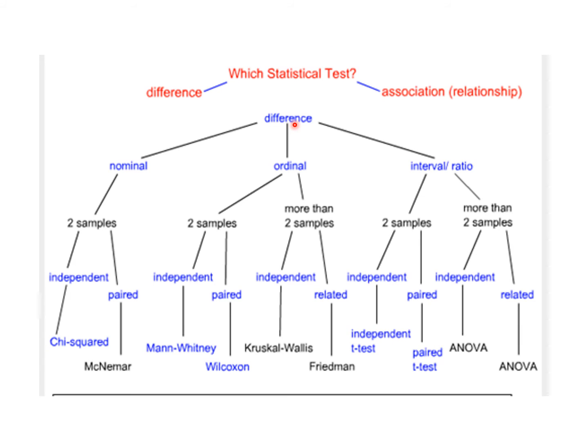So this is a very specific one. Once we have a research question, if we would like to know the differences, for example, if we want to conduct an experiment with one group for treatment and one group for control, then we want to compare the result between two samples.